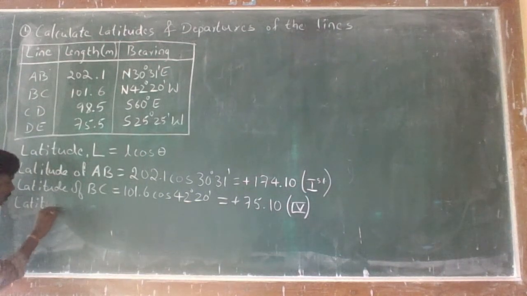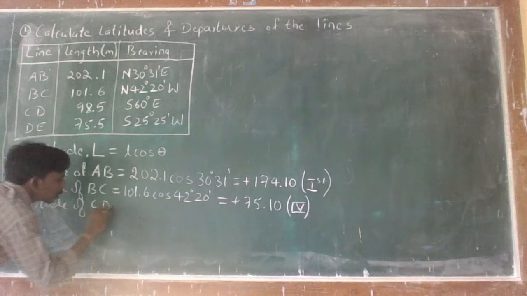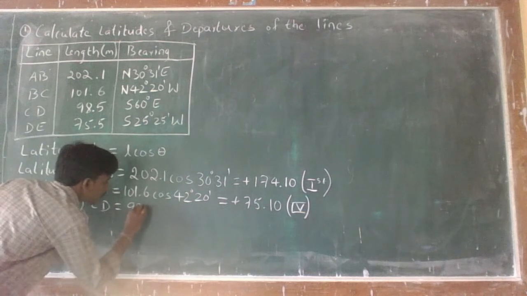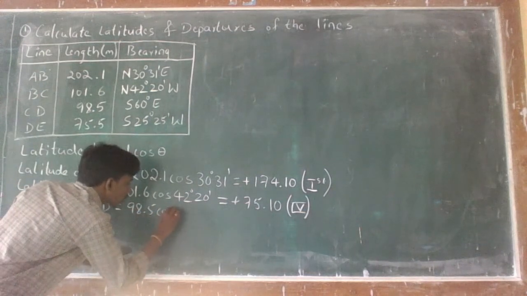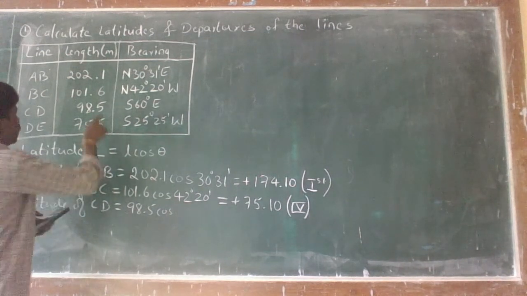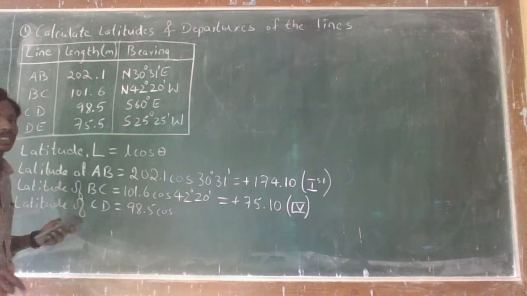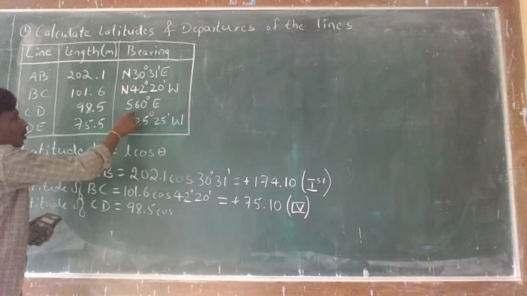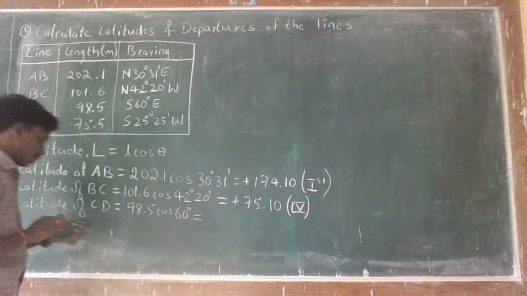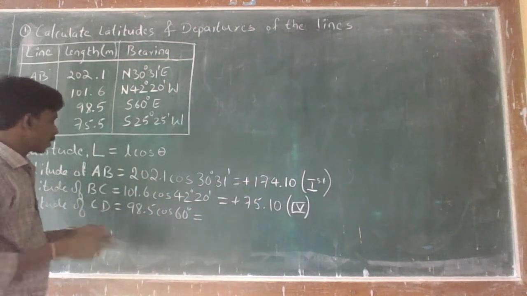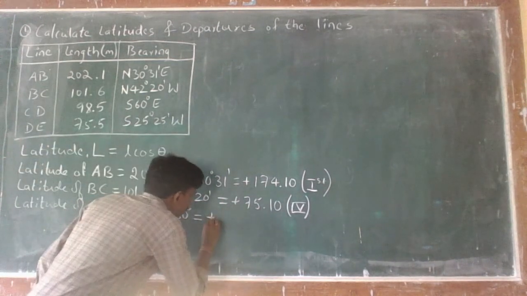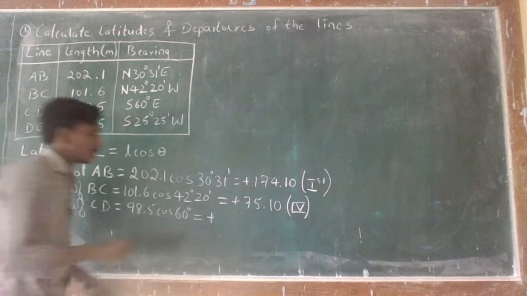Latitude of CD, that is equal to, the length of CD is 98.5, 98.5 cos. The bearing of CD is south 60 degrees east. Here we have to take 60 degrees, and this will give you the value 49.25.